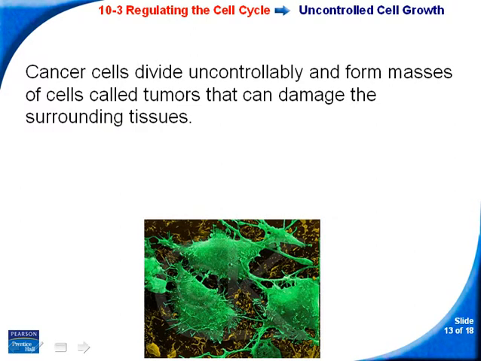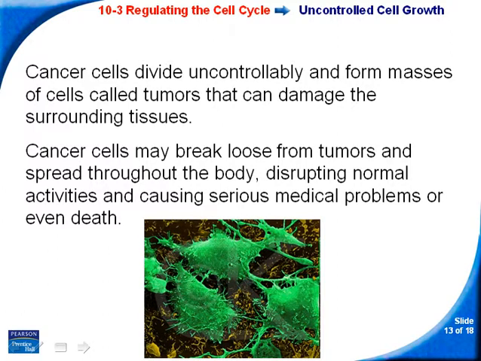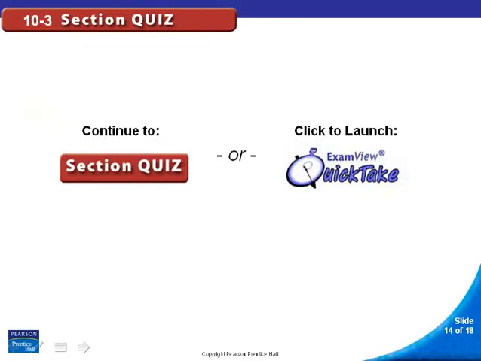And what they'll do is they'll divide uncontrollably, and they form tumors, which are just clumps of cells, and then these tumors can then damage the surrounding tissues. They can squeeze out other tissues. And what could also happen is that if the cells break loose from the tumors, they can spread throughout the body, and thus you can end up with cancer in another part of the body.